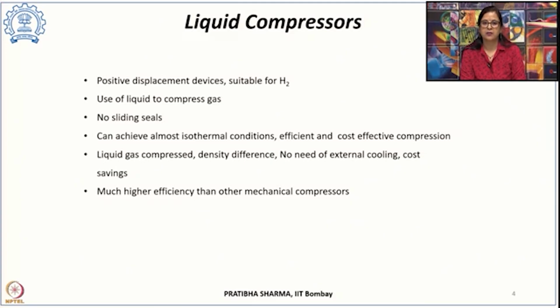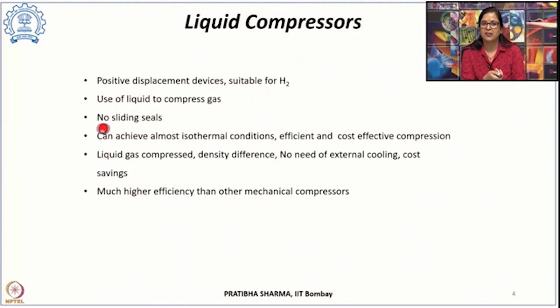Again they are the positive displacement type of devices, and they compress hydrogen with the use of a piston, but that piston is now a liquid. So the compression of the gas is provided by means of a liquid. As such, these are known as liquid compressors.